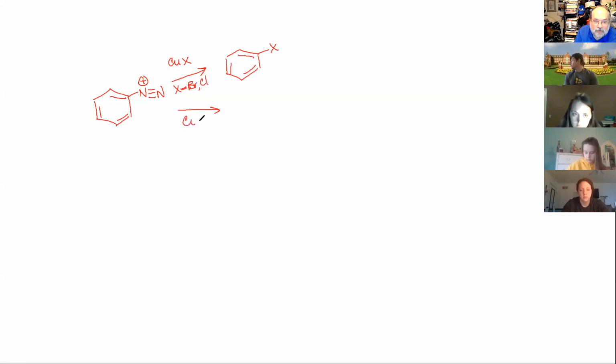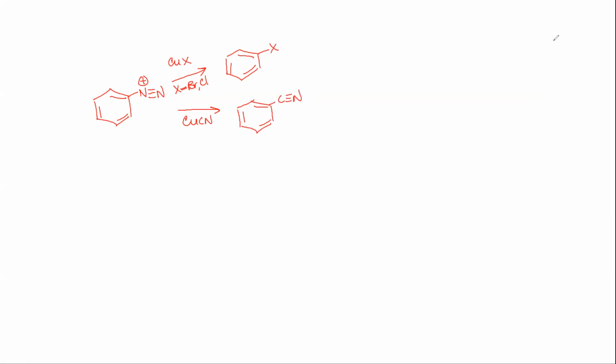You could react it with copper cyanide, which is our only way to add a C triple bond N group to the ring. We can react the diazonium salt with H3O plus, because that would let us add the OH group.